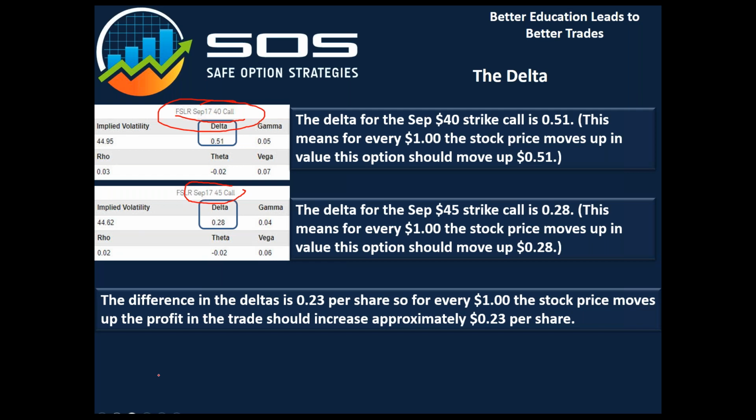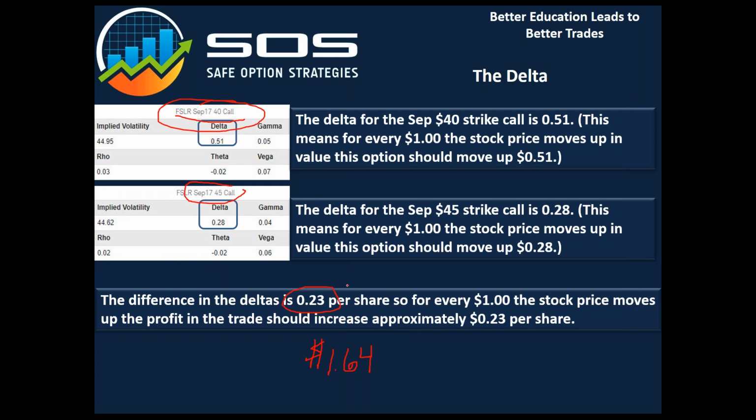So let's go back to our other example. Let's go back to our real numbers. We came up with a $1.64 per share cost basis. That's our cost to be in the trade. And we know that for every dollar the stock goes up in value, we should be seeing a profit of approximately 23 cents.